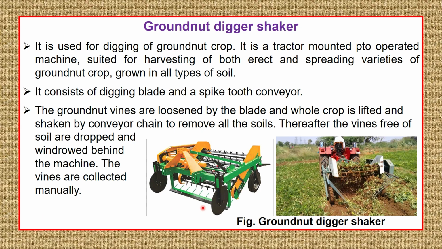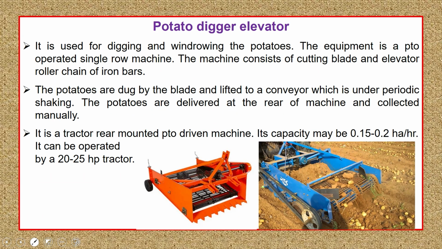Later the soil is removed as it passes through this chain, where the chains also vibrate or shake, and that's how the soil is dropped. Only the groundnut with vines is taken and put in a swath behind the implement. Later this material is collected manually.